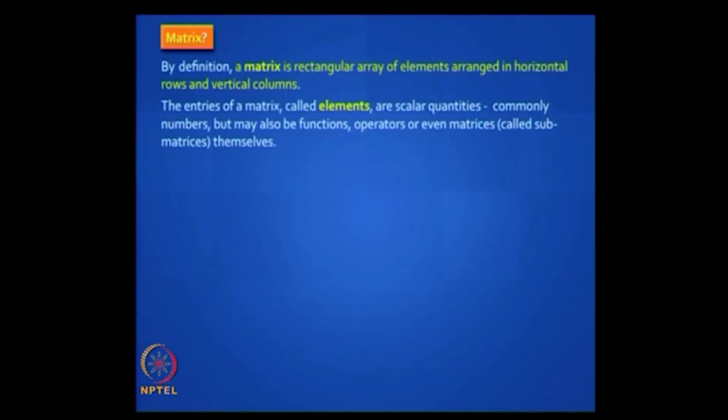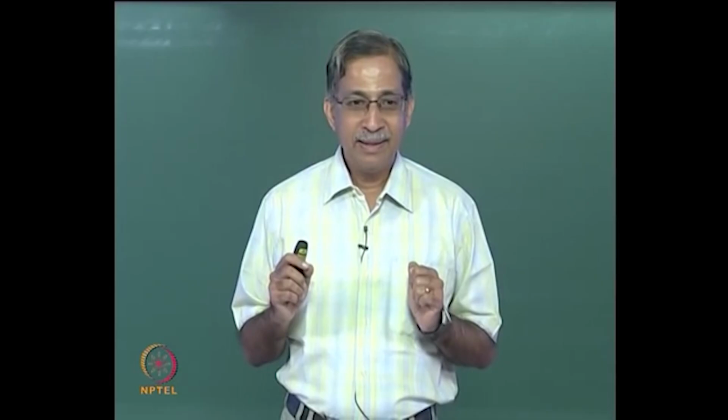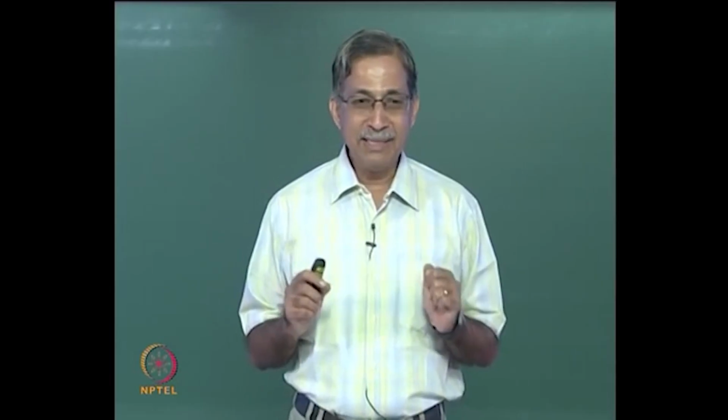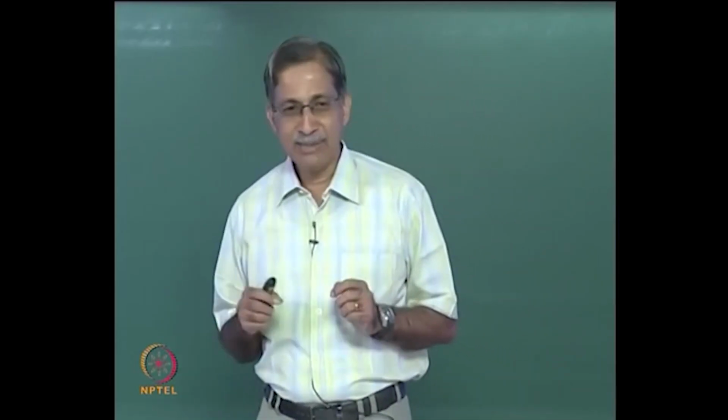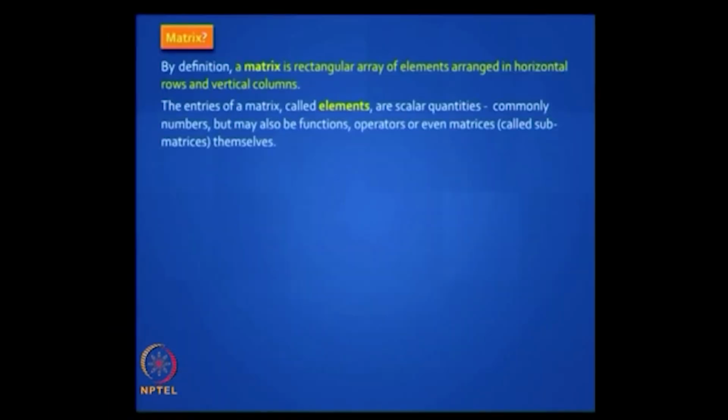Aij, ith row, jth column. So it is a rectangular array. So I wish you had said rectangular, you did not say it. It is not a circular array, it is a rectangular array. The entries of a matrix are called elements. They are scalar quantities, they are not things. They are commonly numbers, but they can also be functions, they can be operators, they can also be matrices which are called submatrices, and they could be algebraic functions, but they should make sense.